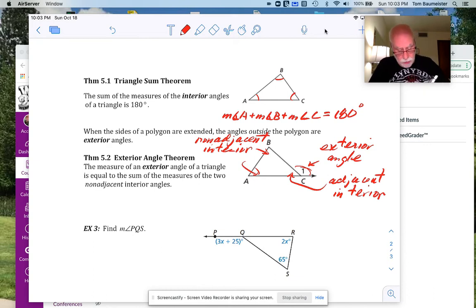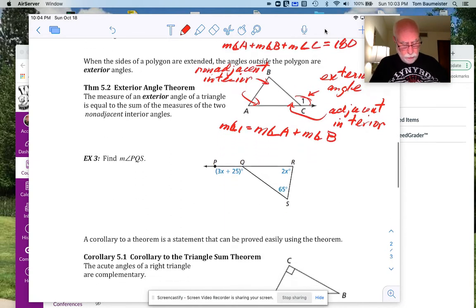So what this states is that we can say that the measure of angle 1 is equal to the measure of angle A plus the measure of angle B. Remember, each one of those we can call that because they're not intersecting lines. Remember, I talked to you about that too.